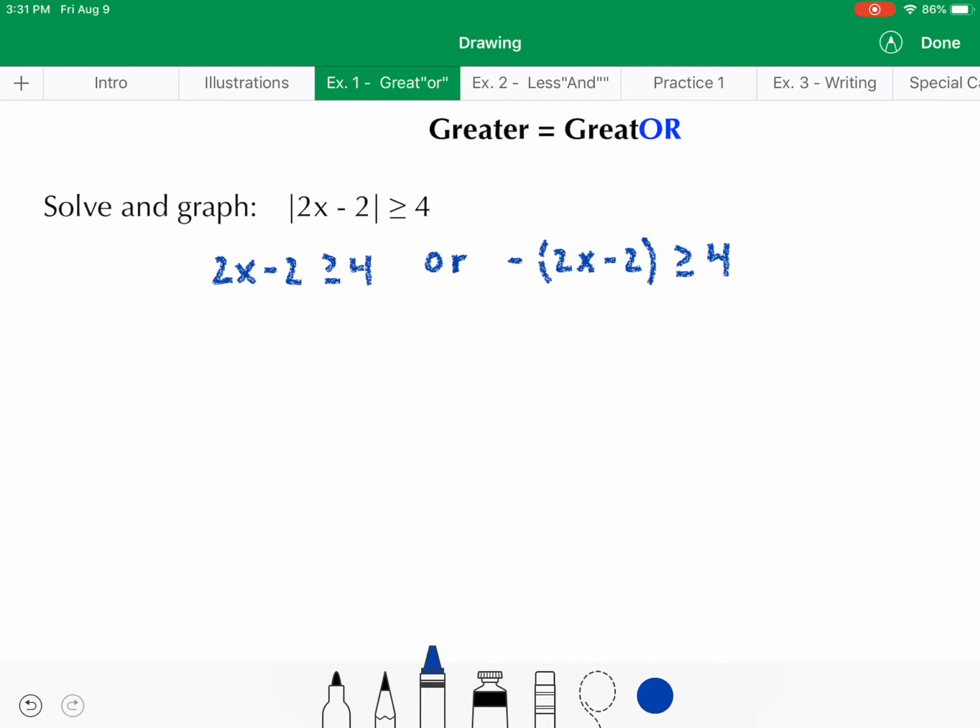All right, now solve each half on its own. And over here, remember on your first step, you're dividing or multiplying by a negative, so make sure you flip your inequality symbol, right?